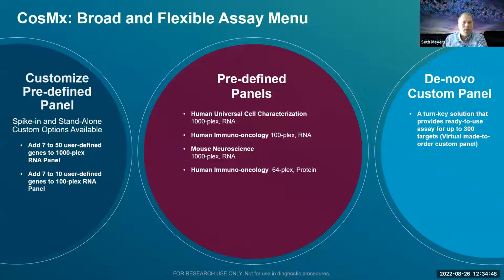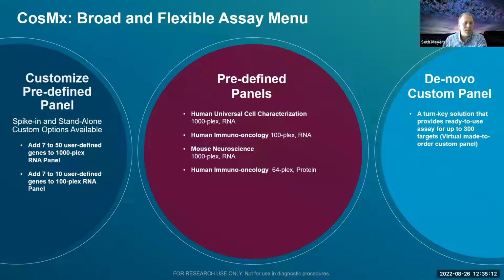So we talked a little bit about the panels, and just to reiterate what we currently have available. We have our predefined panels. This is a human universal cell characterization panel. The next slide I share has the information on its annotations, and we're happy to provide the Excel sheet if that's helpful for folks as they think about projects and how it could be utilized.